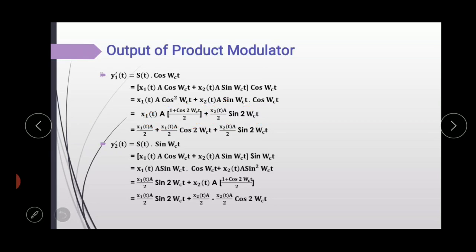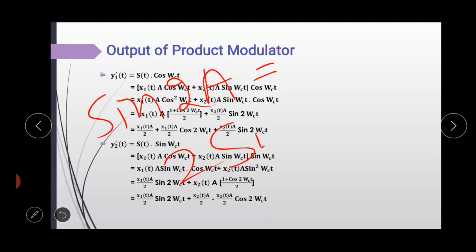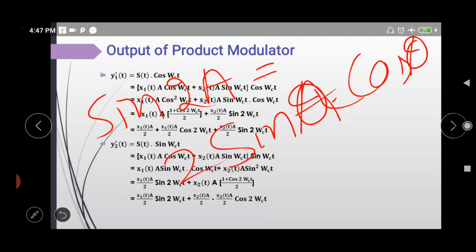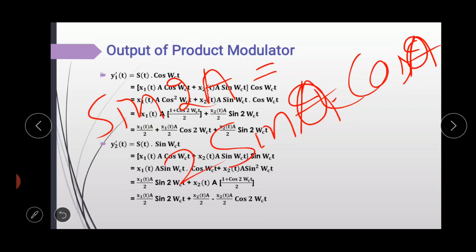The formula is sin 2A equal to 2 sin A into cos A. This formula is used here.